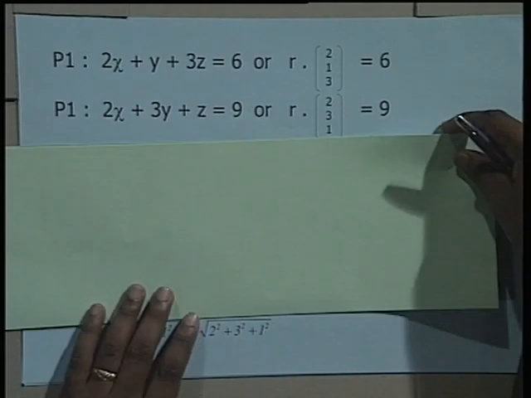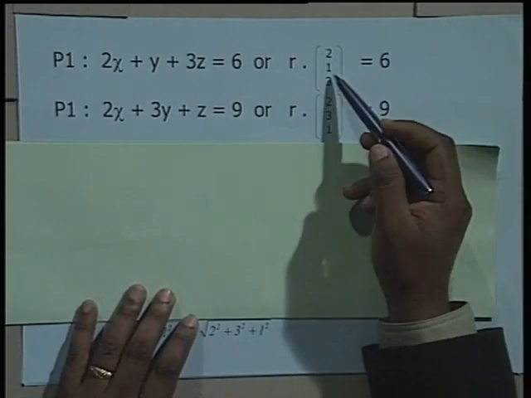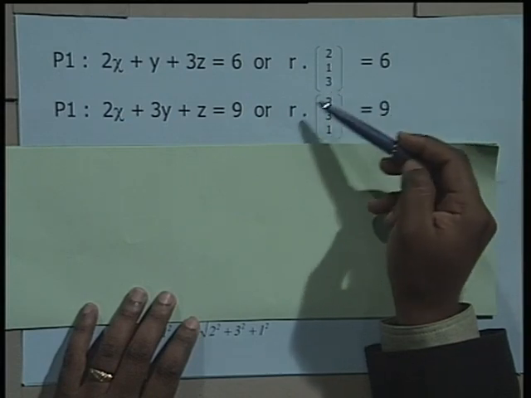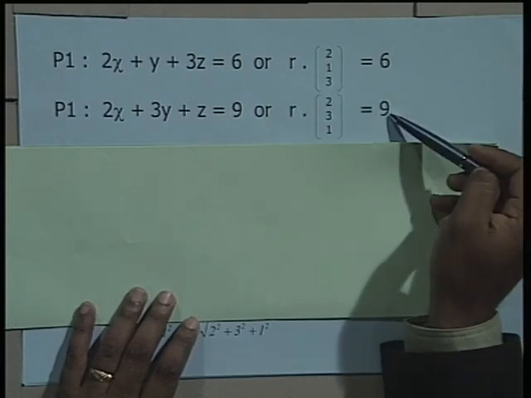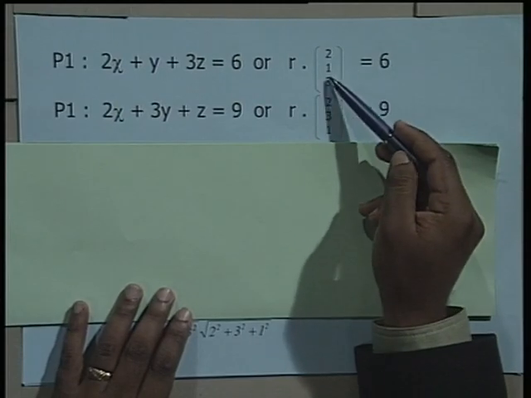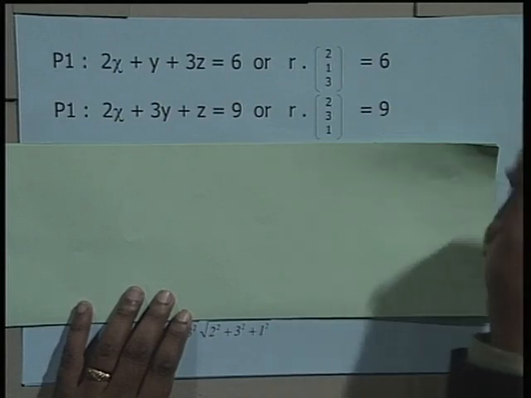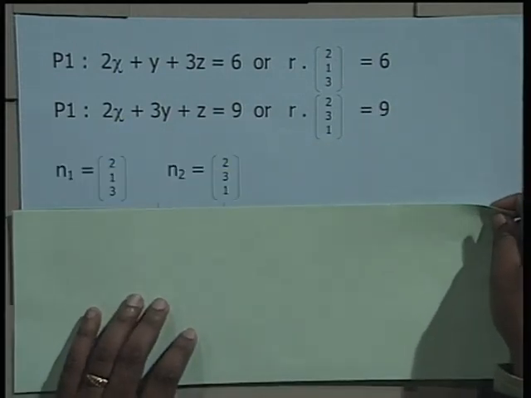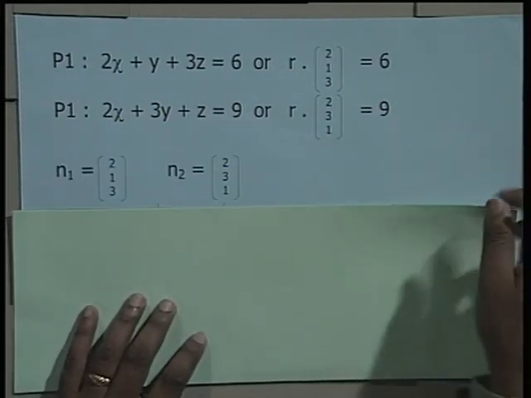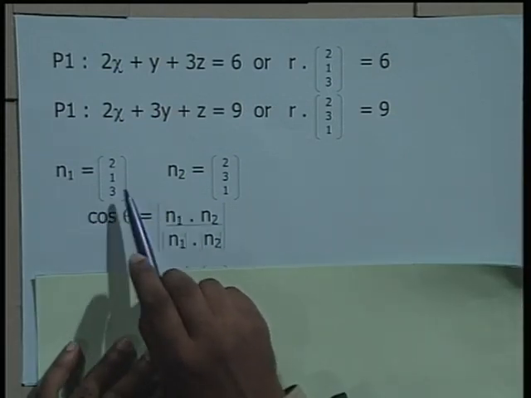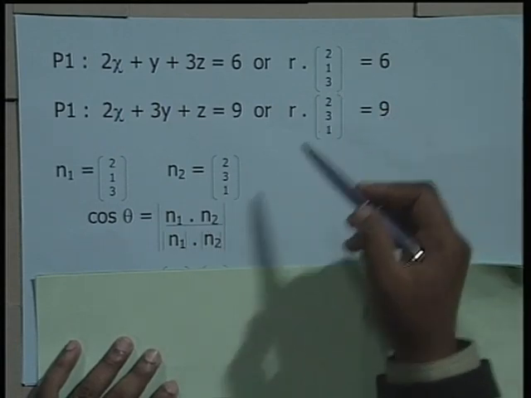Let's take a simple example to illustrate. Suppose that we have two planes, P1 and P2, having equations r dot (2, 1, 3) equal to 6, and r dot (2, 3, 1) equal to 9. Therefore, the vector normal to plane P1 is (2, 1, 3), and the vector normal to plane P2 would be (2, 3, 1). So we have n1 and n2.